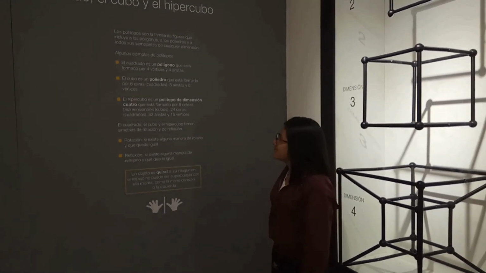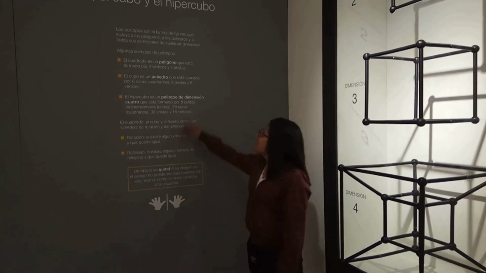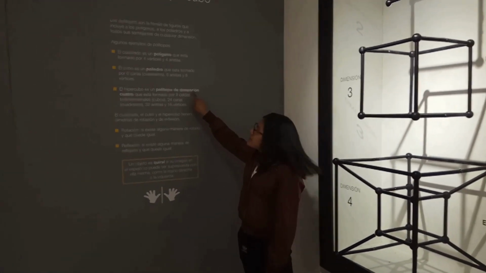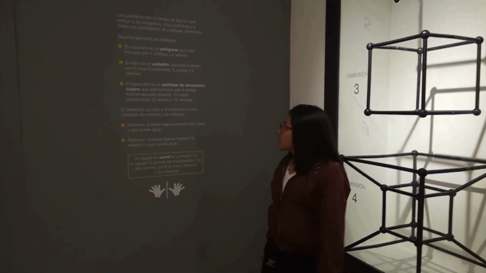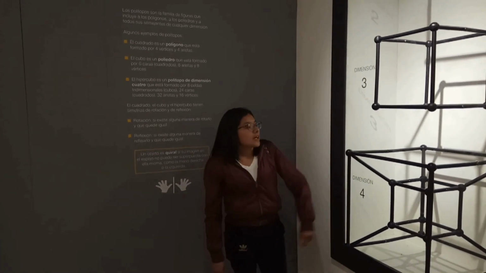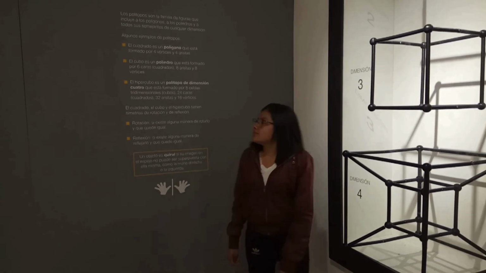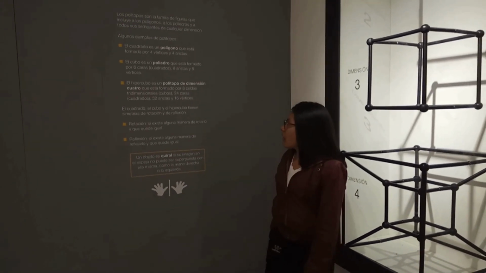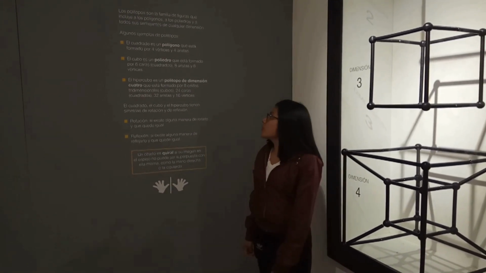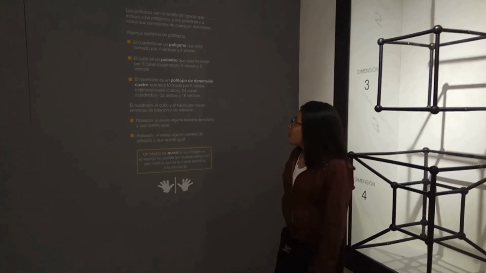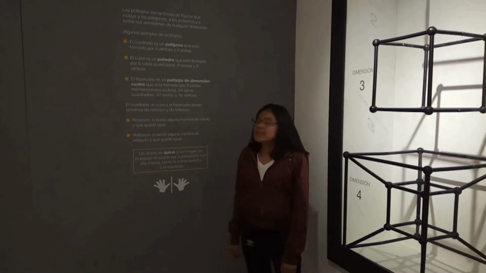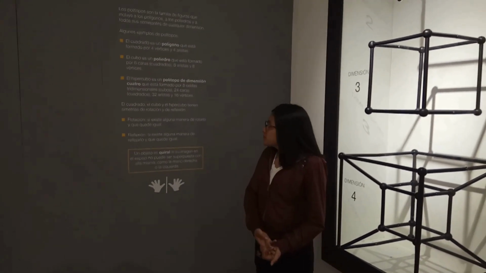The cube is a polyhedron that is formed by 6 faces, 12 edges, and 8 vertices. The hypercube is a polytope of dimension 4 that is formed by 8 three-dimensional cells, 24 faces, 32 edges, and 16 vertices.